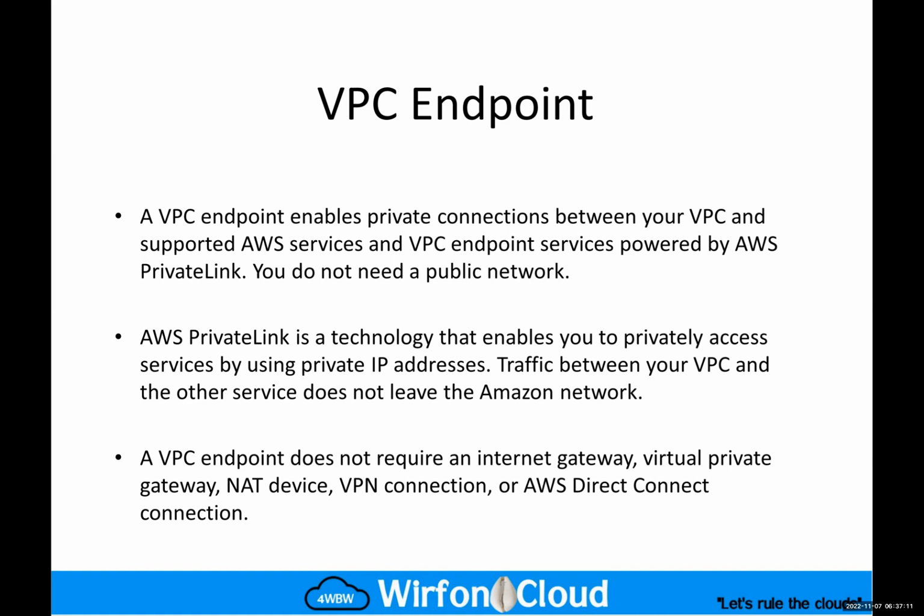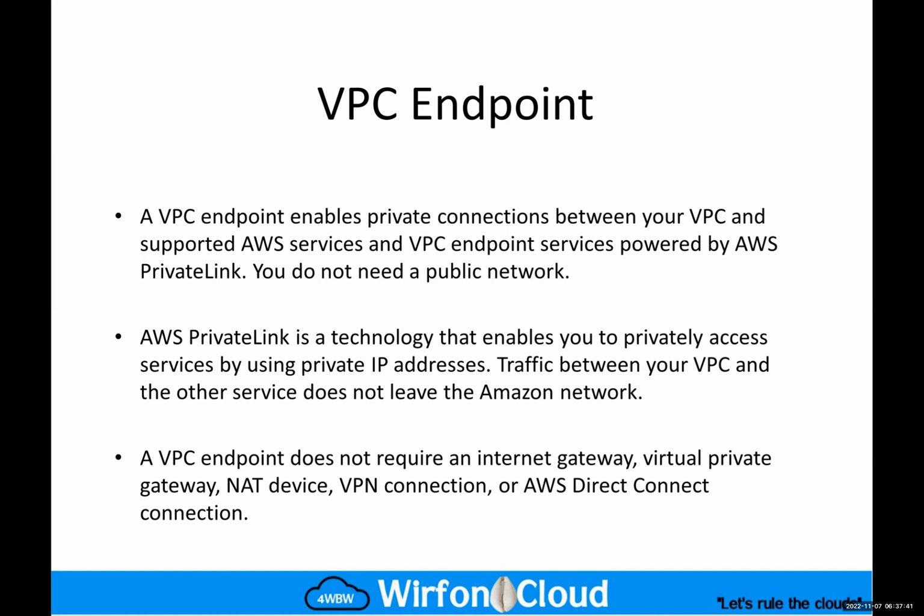Then it doesn't necessarily have to go through the internet, as the default case might be. You can create what is called a VPC endpoint. This VPC endpoint enables communication between the instances in your VPC and AWS resources by going through what is called AWS PrivateLink.